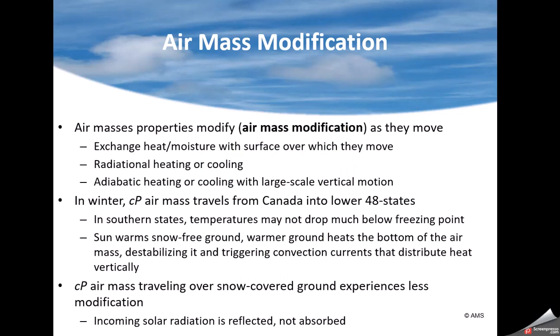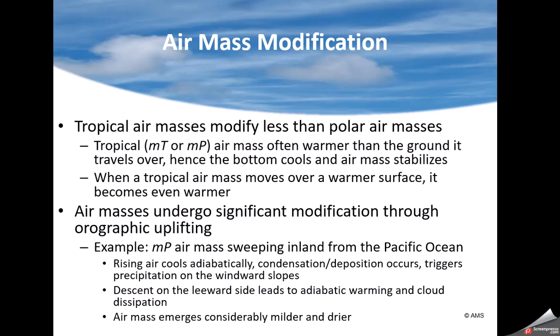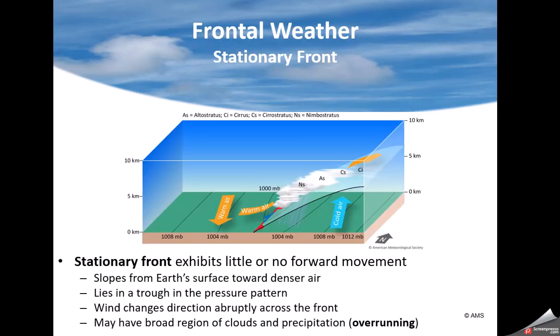So with that, let's think about what happens if you have a stationary front. What did I show you out there in the Rocky Mountains? It was a stationary front. It wasn't moving anywhere. On one side of it, the warm air is lifting up and over it. On the other side, the cold air is below it.